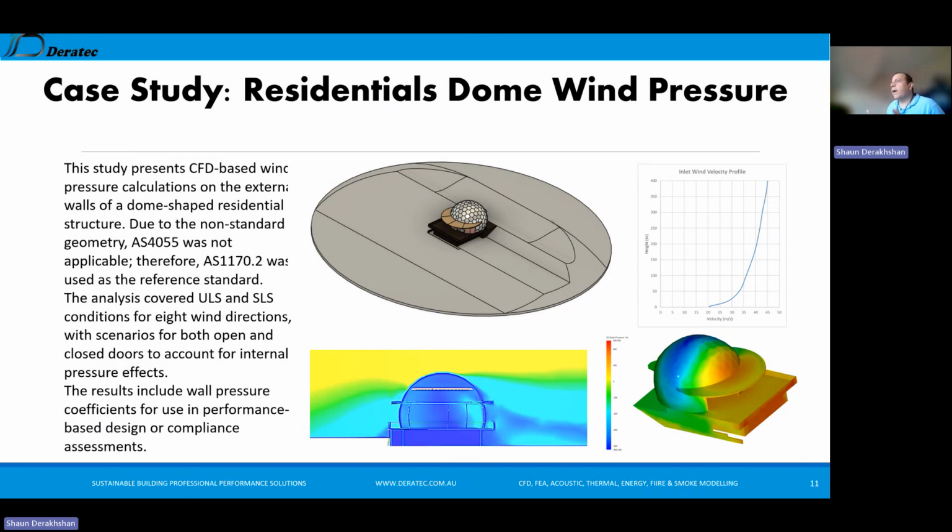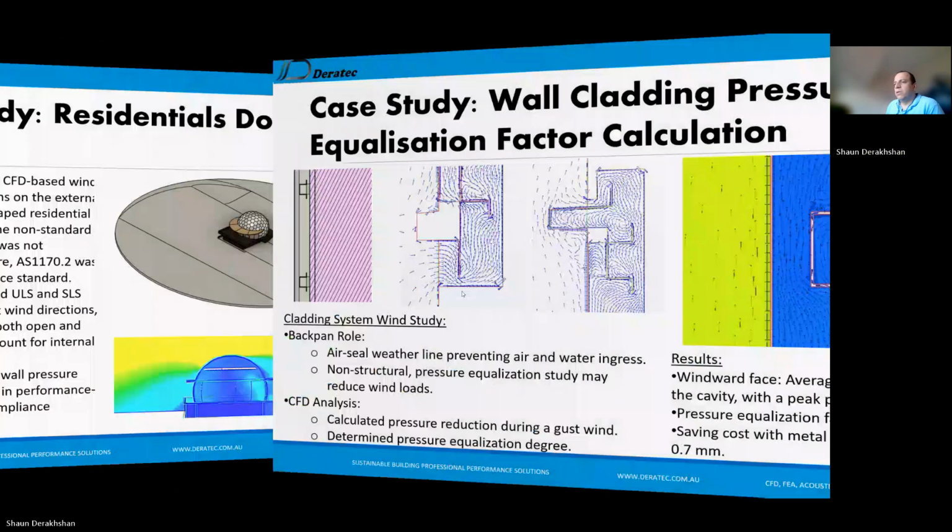So for low and medium rise, CFD is definitely recommended, independent of wind tunnel, but for high rise, maybe CFD can decrease wind tunnel cost. So for high rise, I recommend CFD and wind tunnel, but for mid rise, less than 100 meter, pretty sure you can trust CFD and the wind tunnel.